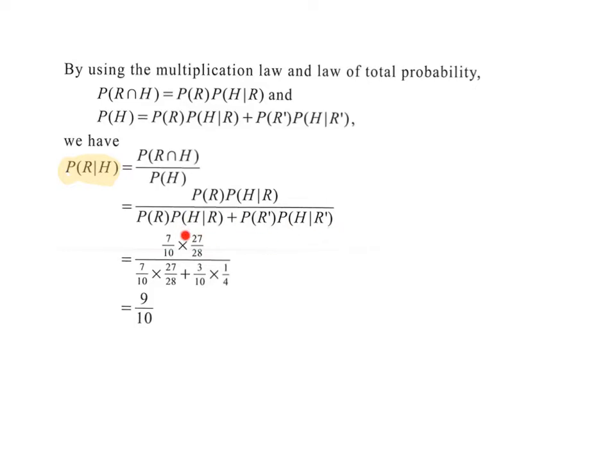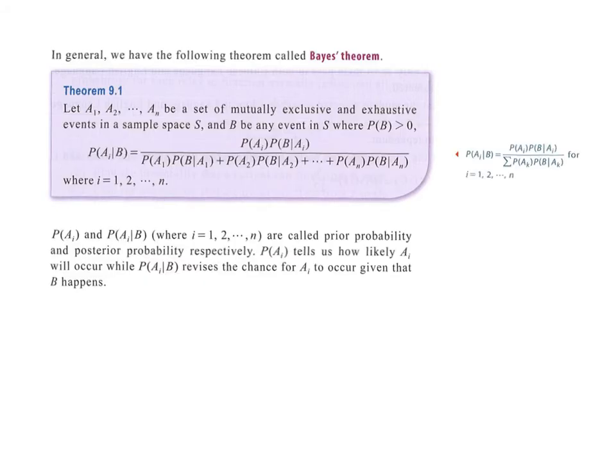And then we add them up, and it becomes the total number of students who have passed the test. And then we only want to find those who have done revision. So you use P(R) times P(H given R). So you can get this probability 9/10 by using this method to calculate the result. So this method we call Bayes theorem.